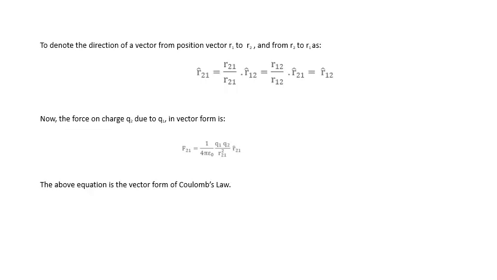Now, to denote the direction of a vector from the position vectors R1 and R2, we use a vector notation R21. R21 cap is a unit vector, and R21 cap is equal to the vector R21 over the magnitude R21.